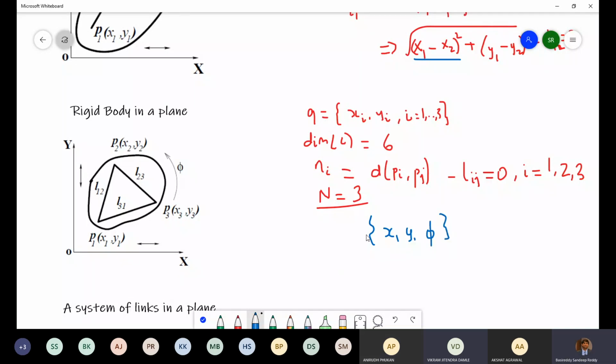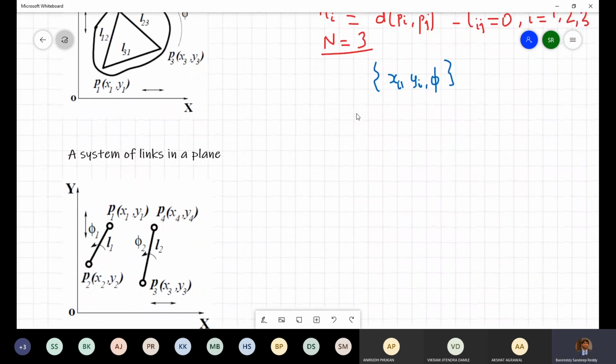Yeah, so x, y and phi. xi, yi, phi, right? This is a rigid body in a plane.